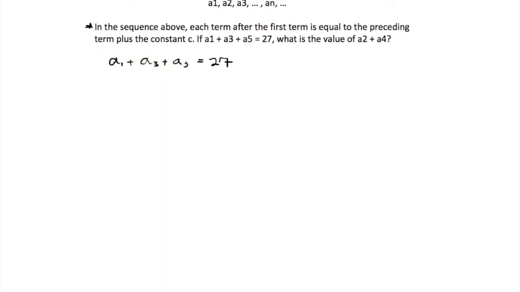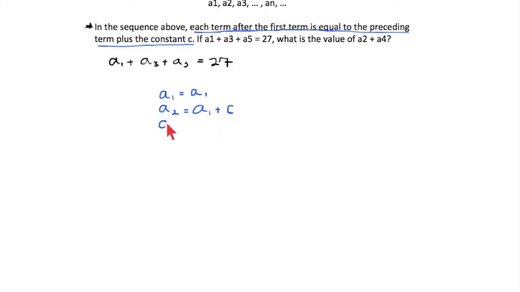So it turns out we can do that, because based on the fact that each term after the first term is equal to the preceding term plus the constant c, you could say the first term is equal to the first term, and the second term is equal to the first term plus that constant c.